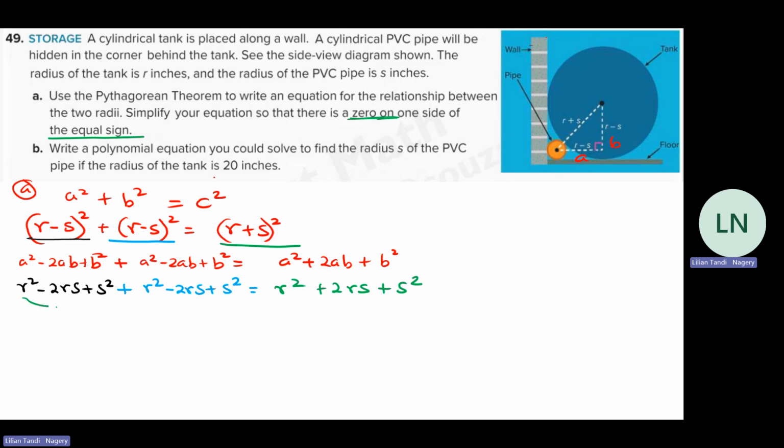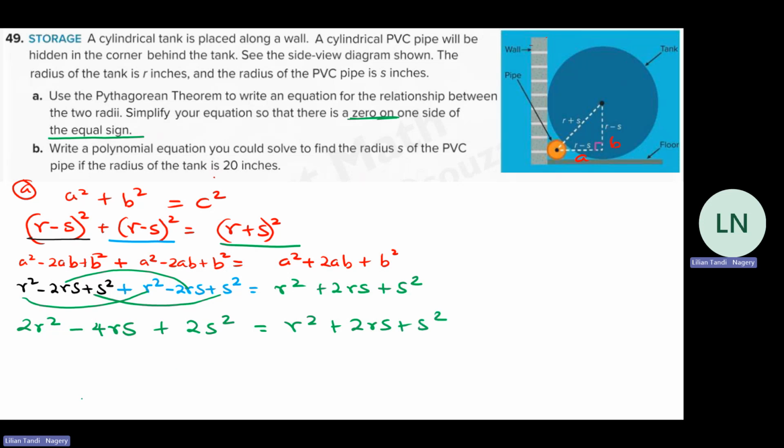So combining like terms: 2r squared, negative 4rs, plus 2s squared.